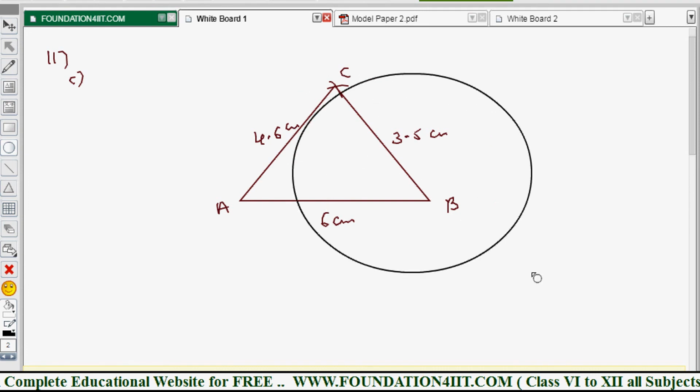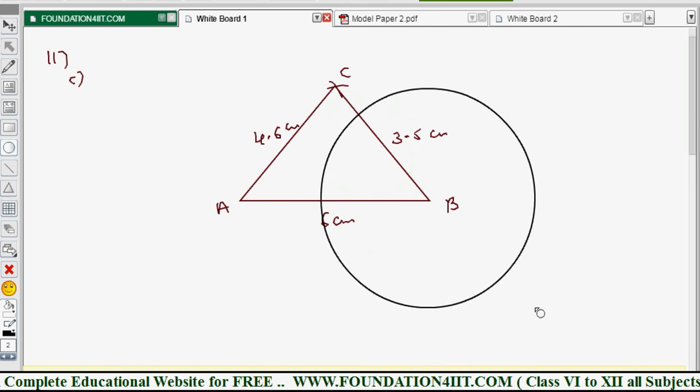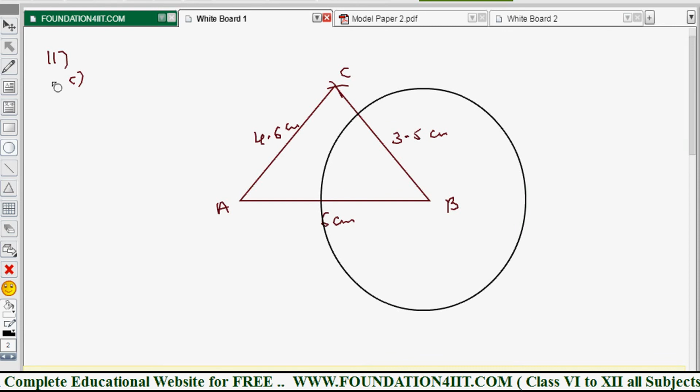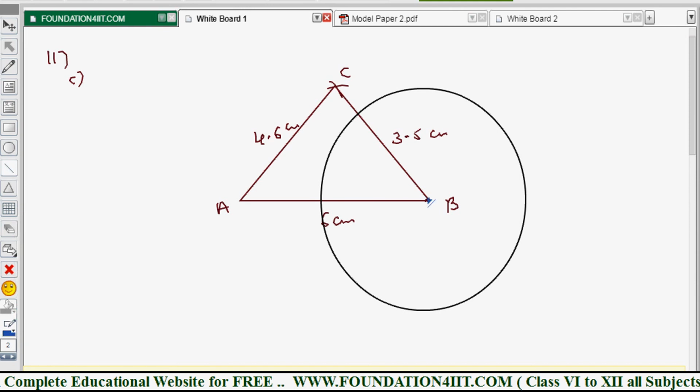Not exactly, but approximately you'll get it like this. You can draw it roughly. So B is the center, and B to any point on the edge is accurately 3 centimeters.